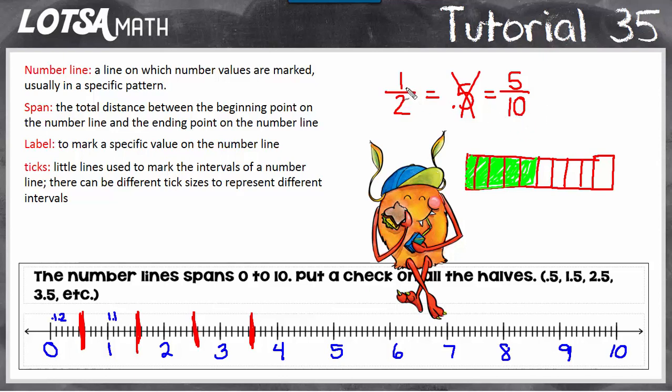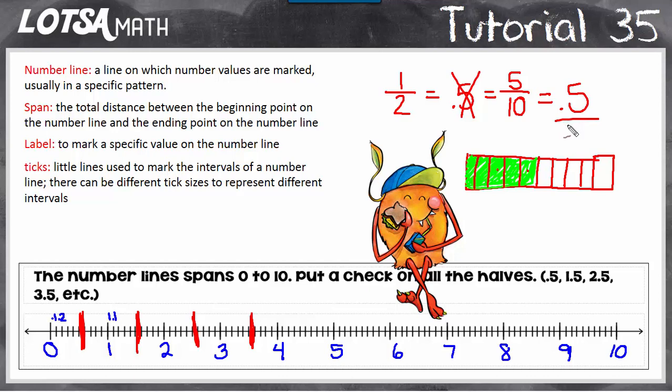If it's going to be equivalent to 1 out of 2, that means that out of our new pieces, 5 of them should be shaded. 1, 2, 3, 4, 5. And it was true. So we can see that 1/2 of a shape is exactly 5/10 of a shape. So that's why our decimal must be 0.5. When we see 0.5 or 5/10, we know that's the halfway point.